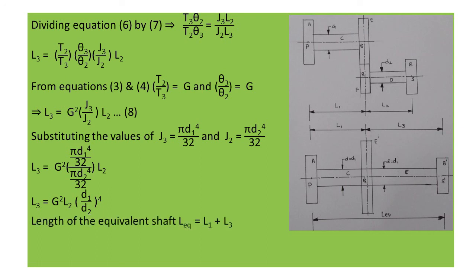Length of the equivalent shaft LEQ equals L1 plus L3. Length of the equivalent shaft LEQ equals L1 plus G square L2 into (d1 by d2) to the power of 4.